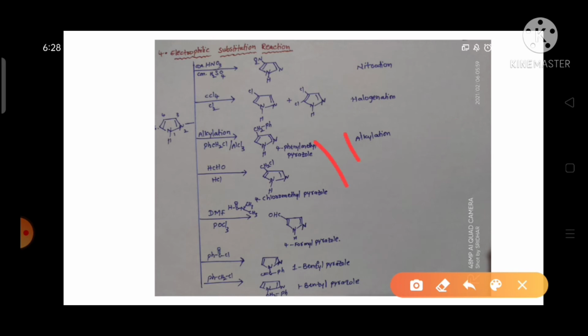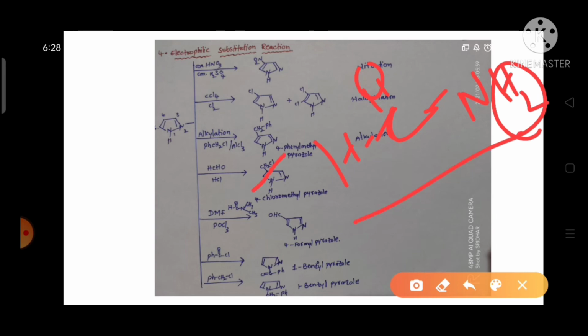We know very well that this is formamide, and if in the place of these two hydrogens we write methyl groups, that becomes DMF, dimethyl formamide. And this reaction is known as the Vilsmeier reaction.